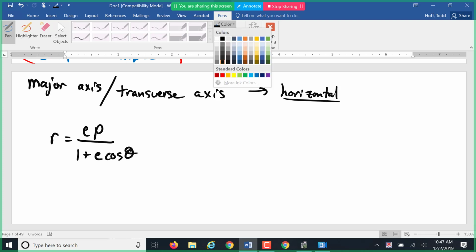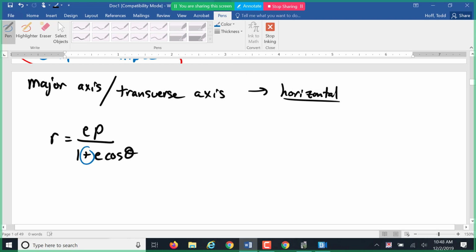Now, because this is a plus here, that is telling us that the directrix is to the positive side of the focus. So in other words, the directrix is to the right of the focus.